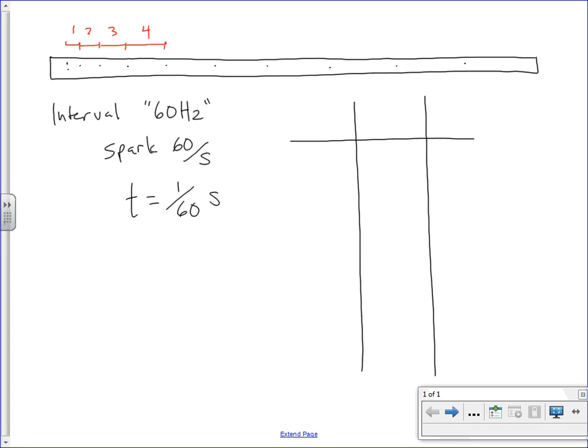All right, and so all you really need there is to say that, let's say for interval 1, we can measure a delta x. So literally measure this. We'll call this delta x1.